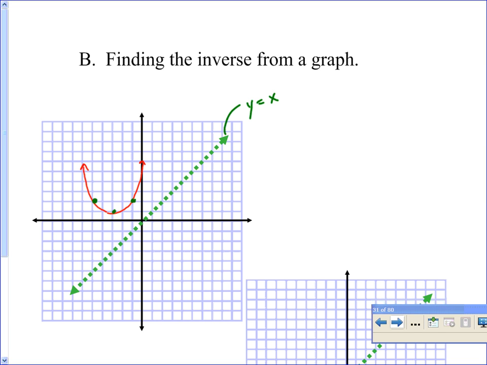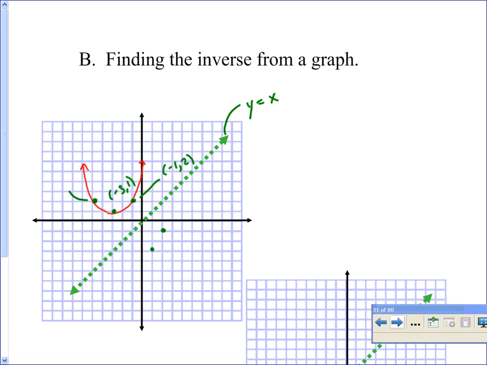So, for example, this point here is the point (-3, 1). So we want to graph the point (1, -3), and that would be here. Then this is the point (-1, 2), so we want to graph the point (2, -1), and that would be here.